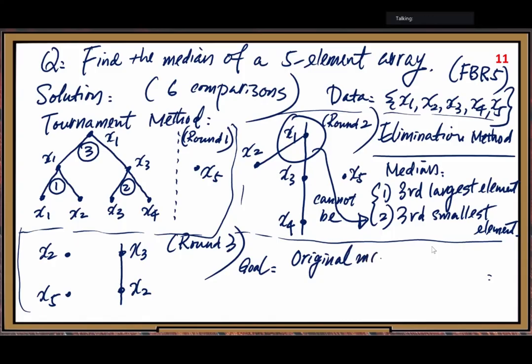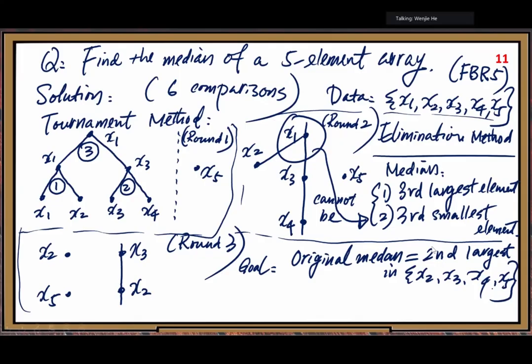You wrote x2. We need to update the rank for the original median. Because we remove x1, the original median becomes the second largest element among these four elements, x2, x3, x4, and x5.